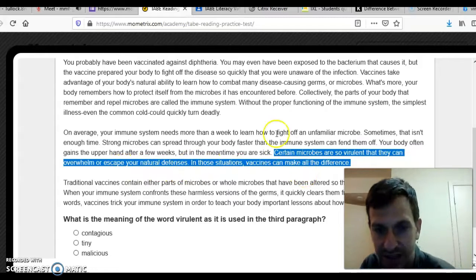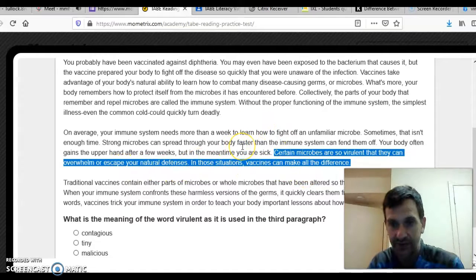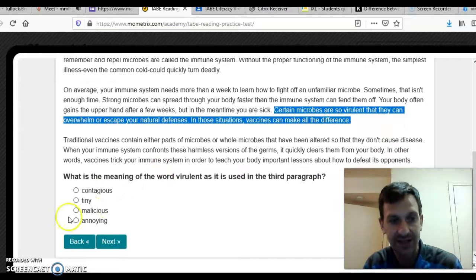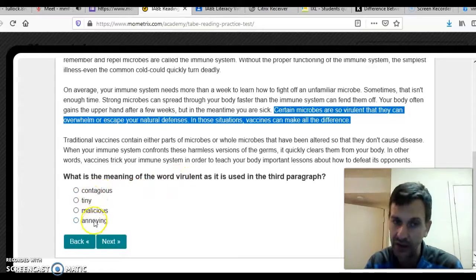In those situations, vaccines can make all the difference. We're going to do context clues next week, so this kind of plays into that. But they're so virulent that they can overwhelm or escape your natural defenses. Contagious, tiny, malicious, or annoying. Contagious, tiny, no. Annoying, no. Malicious, so malicious that they can overwhelm or escape your natural defenses?